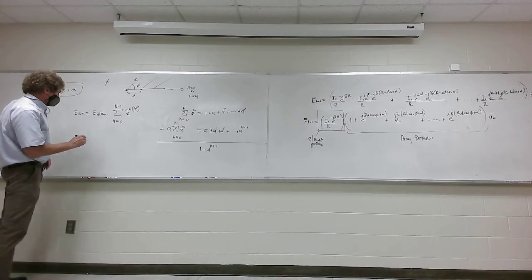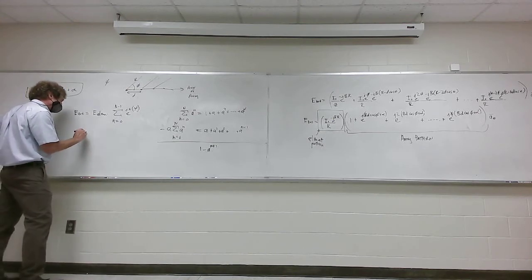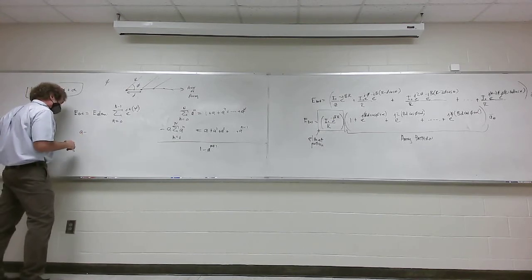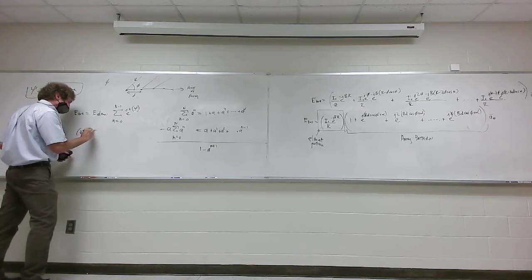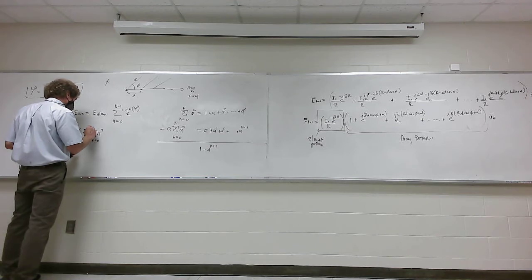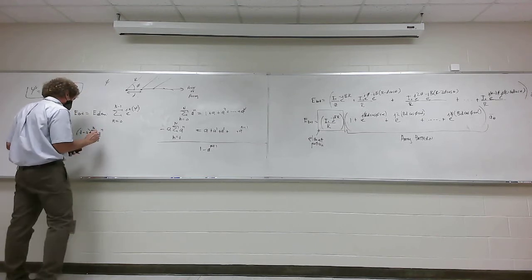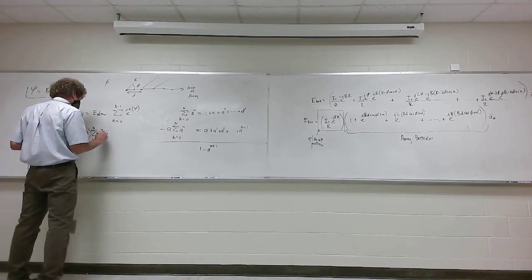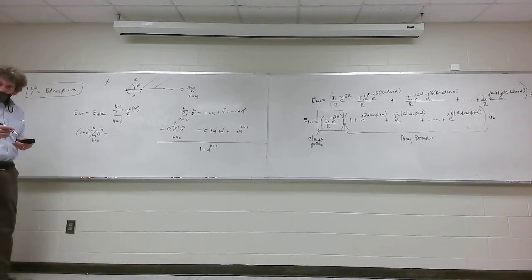So what did I actually do? I'm sorry, I took 1 minus a, right? And I took it times that infinite series. And I found out when I do that, because this is the same thing I'm doing over there mathematically, isn't it, class?